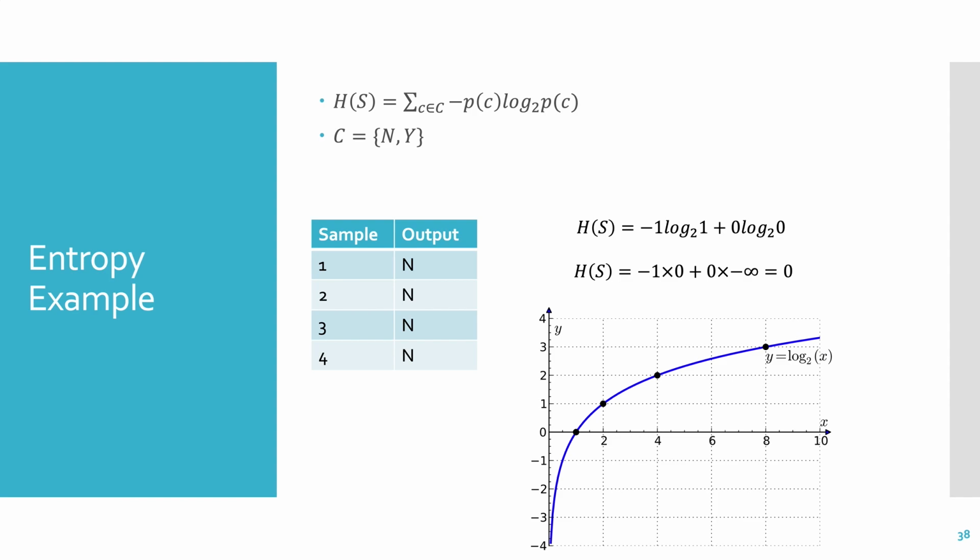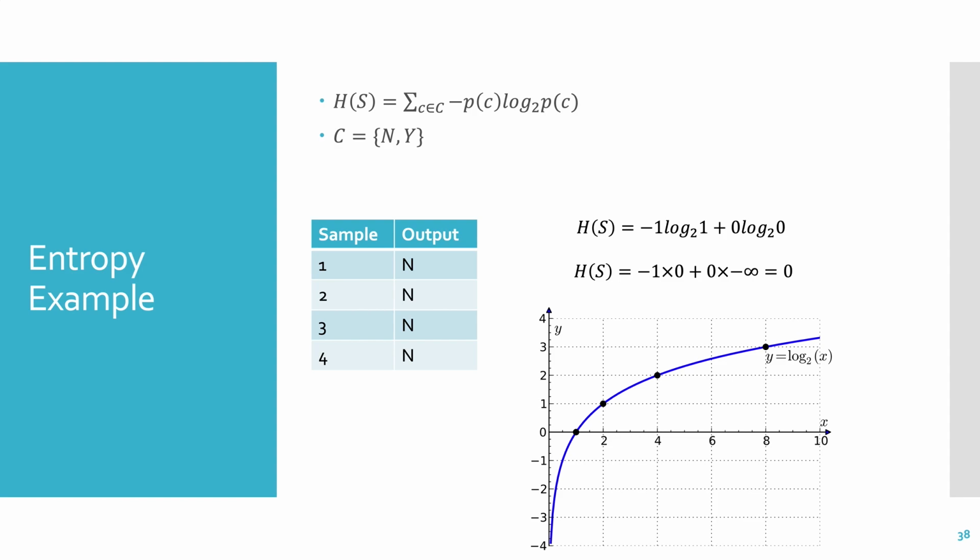We have 4 labels, and all of them have a label of no. Let's calculate entropy. Entropy is going to be the negative probability of no times the log of the probability of no. What's the probability of no in this case? Well, it's 1, because 100% of the samples have a label of no. So we have -1 times log of 1 for the no label. And now we do the yes label.